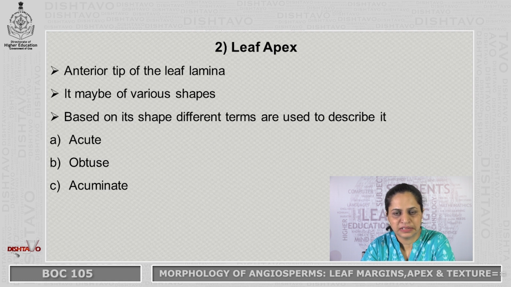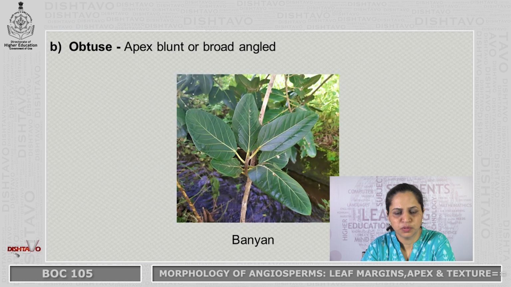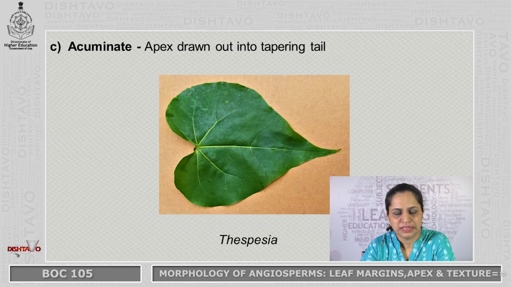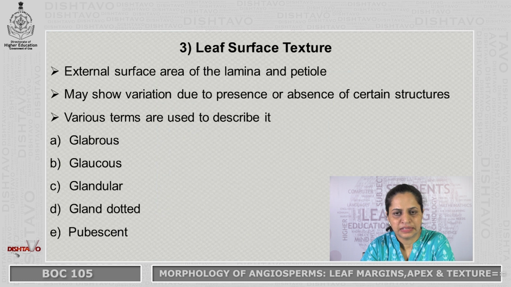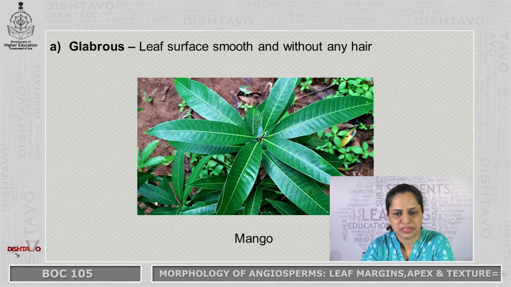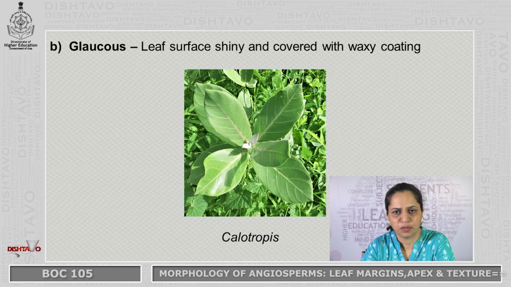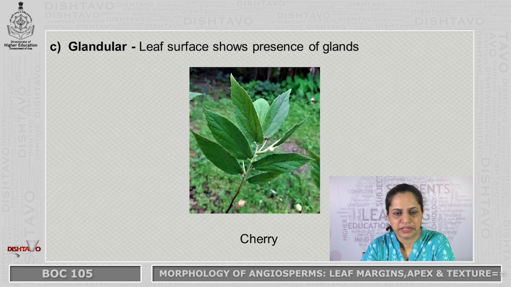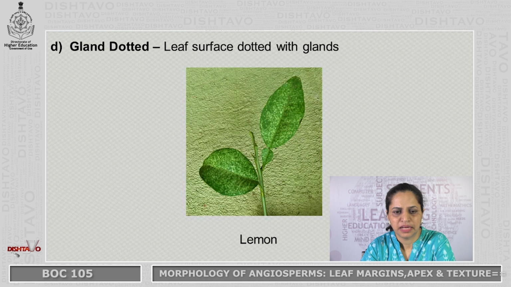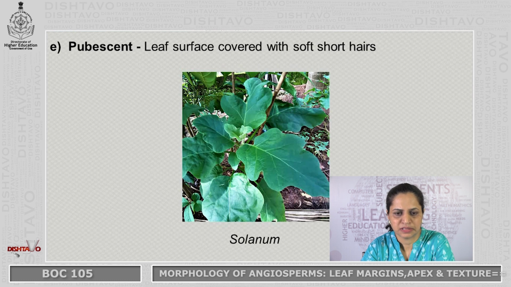In this we studied three types: acute, seen in mango; obtuse, seen in banyan; and acuminate, example Thespesia. And in the last topic, leaf surface texture, the different types which we have studied are glabrous, glaucous, glandular, gland-dotted and pubescent. Example for glabrous is mango, glaucous is calotropis, glandular is cherry, gland-dotted is lemon, and for pubescent it is Solanum genus.